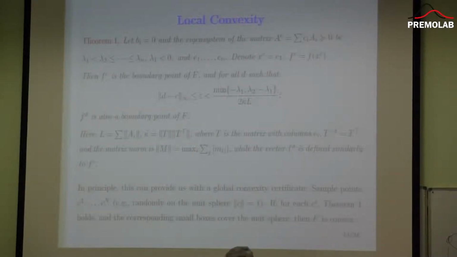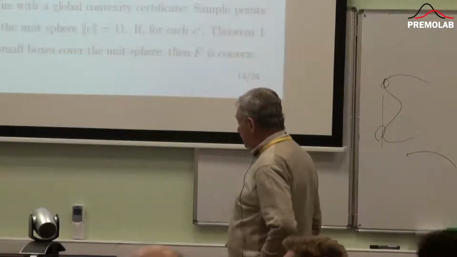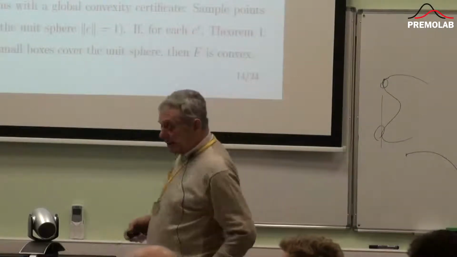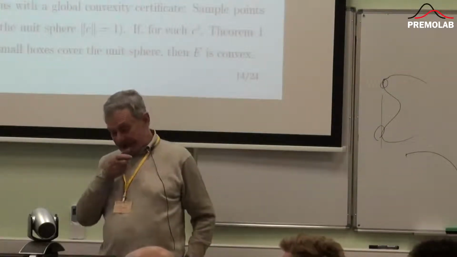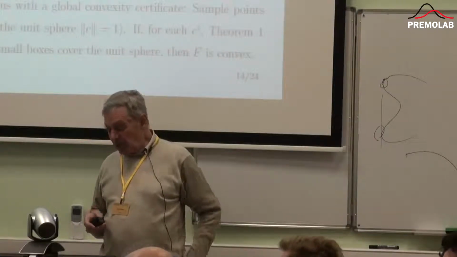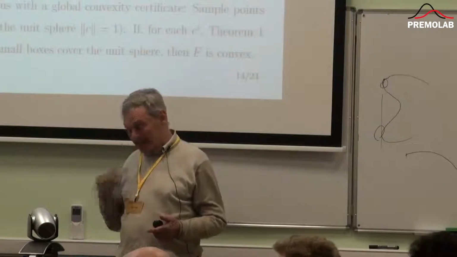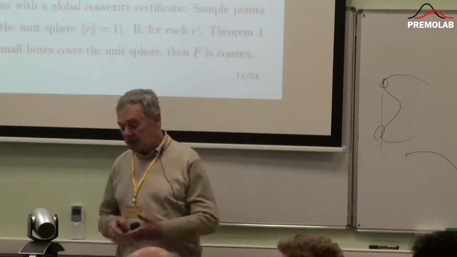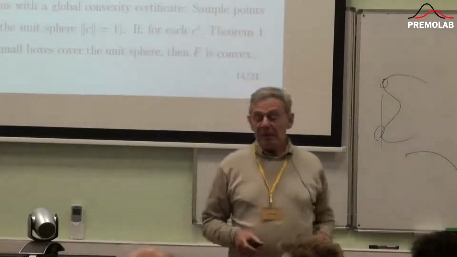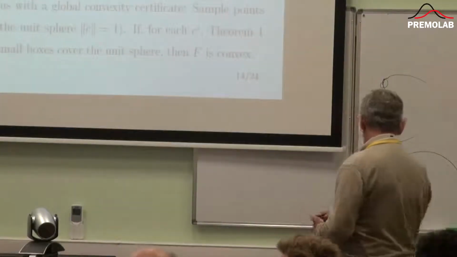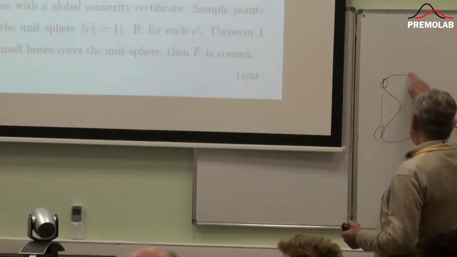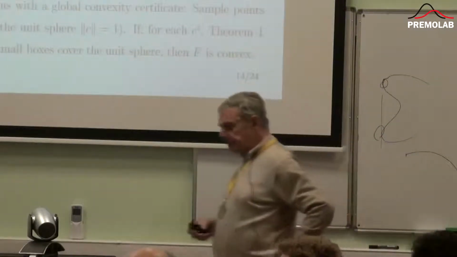If for some C we have this linear combination of matrices having a simple least eigenvalue, then we can guarantee that for all other C close enough to this fixed one, we have the same situation. So we have some local convexity of our set.